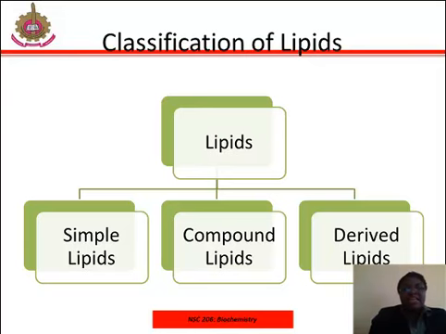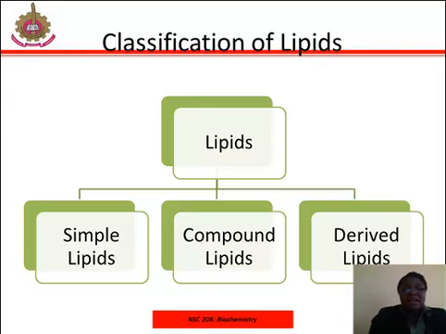Simple lipids are the esters of long chain fatty acids with alcohols, which are known as triglycerides. Compound lipids are lipids that contain additional substances like sulfur, phosphorus, amino groups, carbohydrates, or proteins beside fatty acids and alcohol, and they are essential.